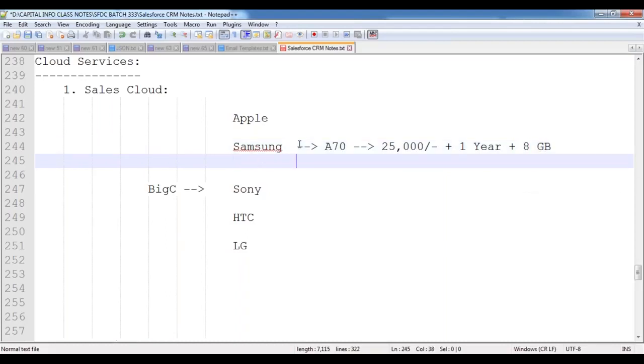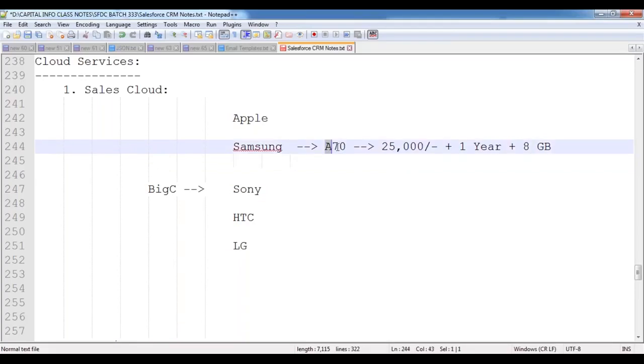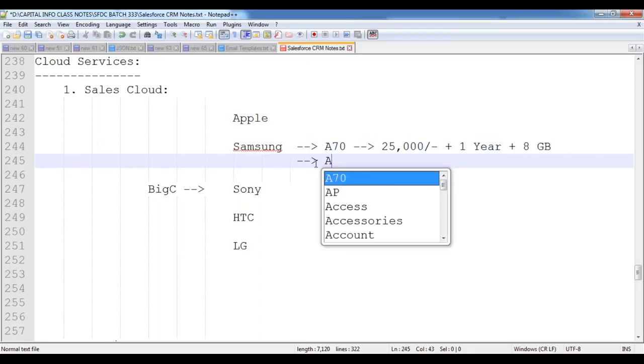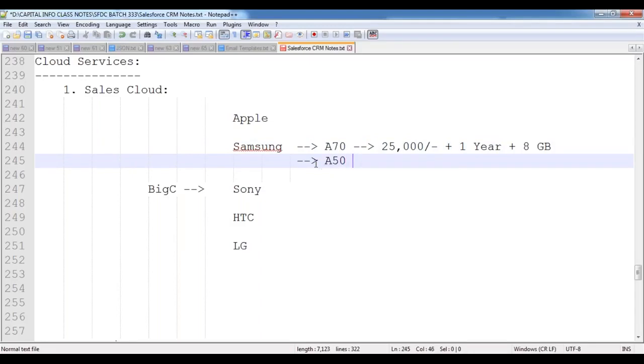So upon selling that A70 model, they charge 25,000 rupees as the mobile cost. Along with that mobile, they provide 1 year of free insurance service and an 8 GB memory card. Next, upon selling the A50 model, they charge 20,000 rupees as the mobile cost, and they provide 2 years of free insurance service.